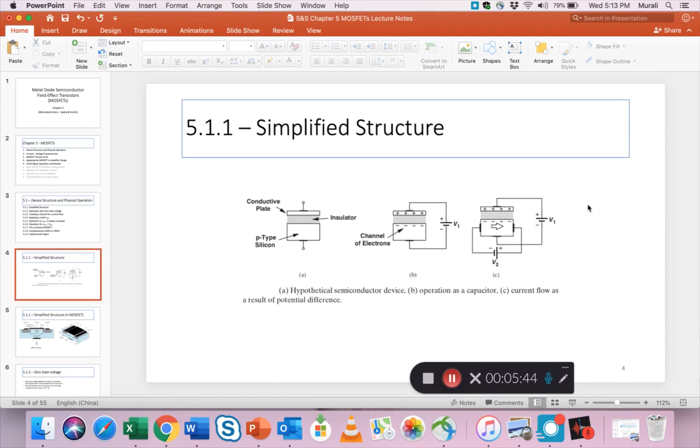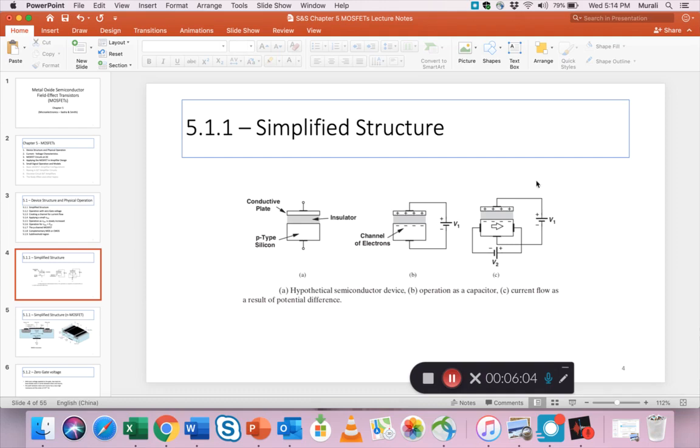Okay, so moving to slide 4 on the PPT is the first main slide with some material. This is a good illustration. This is from another textbook, not from ours, but I think it helps to understand what exactly a MOSFET is all about.